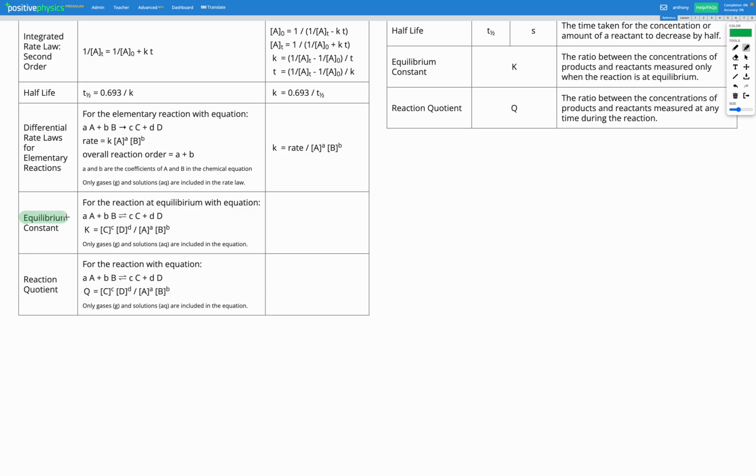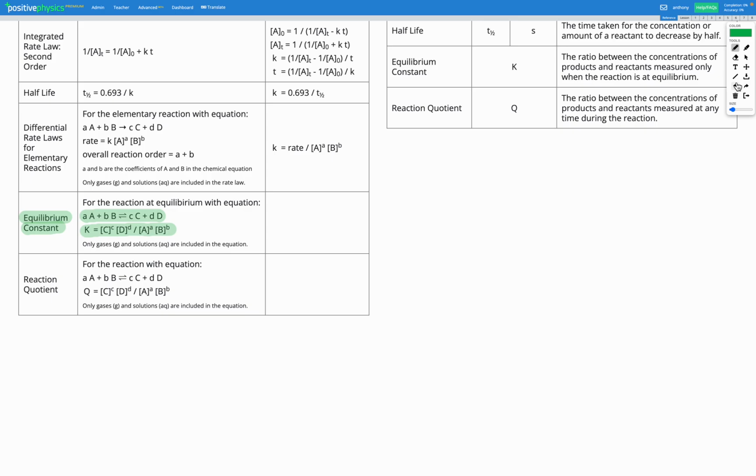Here's our equilibrium constant. So we're told for a reaction at equilibrium with this equation, here's our equation for K. So you can see in the expression for K, we have the concentrations of our products and reactants in a fraction.